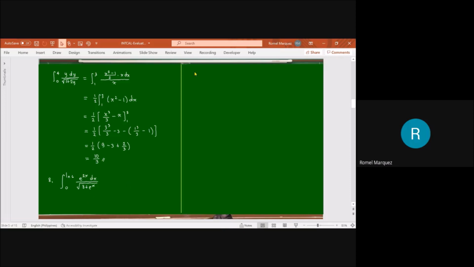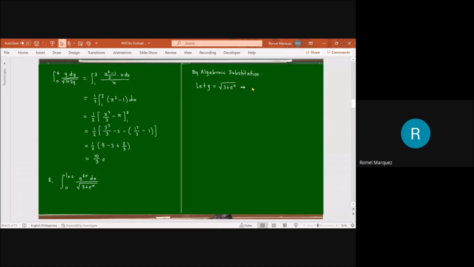So by algebraic substitution, let y be equal to, let's have this radical, square root of 3 plus e to the x.